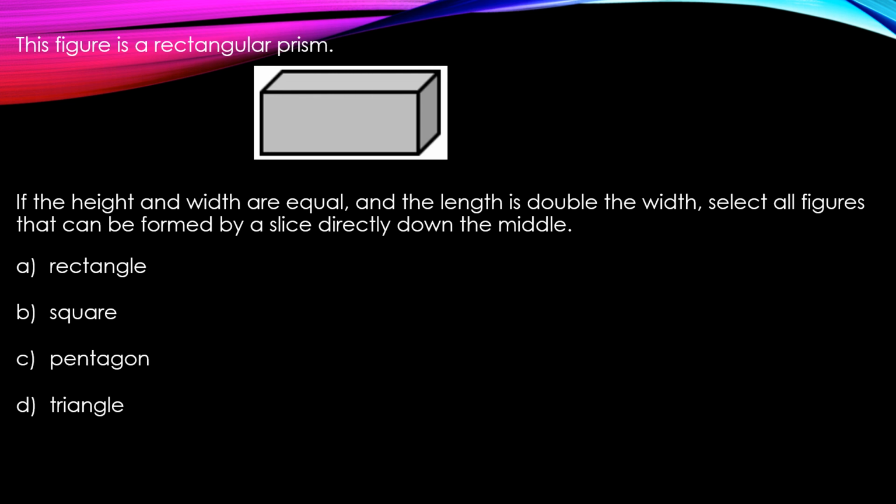Okay, so with this question, you kind of have to think about which different way you can cut it, right? I could cut it straight down the middle this way, or I could cut it straight down the middle from the top, like across here this way. So if I were to cut it straight down the middle, I would see this edge here, which is a square, and if I were to cut it along this top edge up here, I would see a rectangle. So I could see a square or a rectangle by cutting this figure.